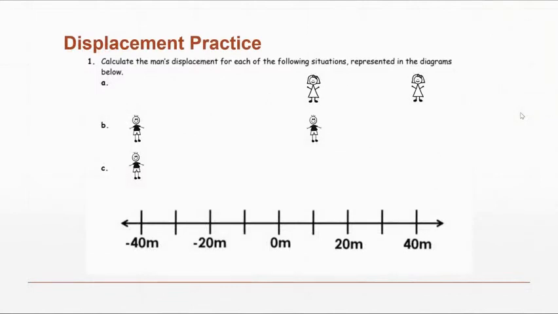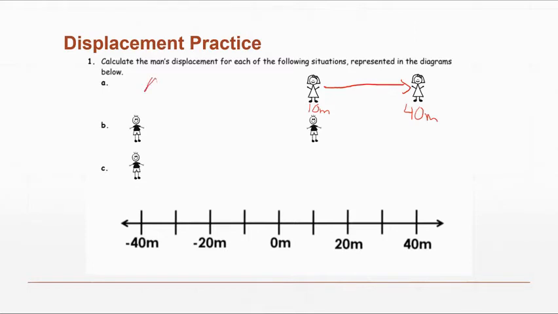Okay. So in this first practice problem, it says calculate a man's displacement for each of the following situations. But you know what? I used a girl for the first stick figure drawing because it's very important that we recognize that I am female. And so ladies first. Okay. So if this lady goes from 10 meters to 40 meters, what is her displacement? So she goes from 10 meters to 40 meters.